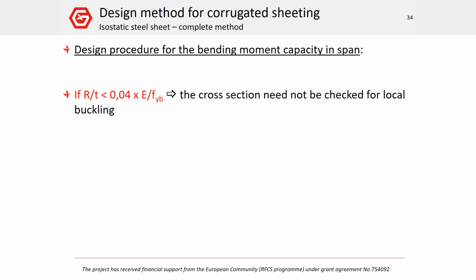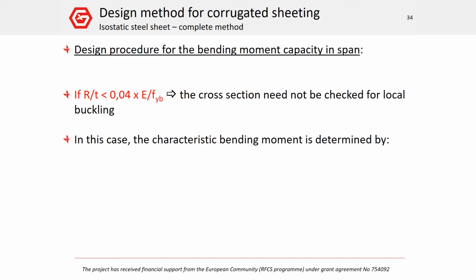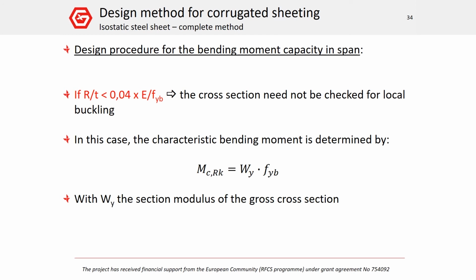If this r/t ratio is less than 4% of the ratio between Young modulus and yield stress of the steel, then the local buckling of the cross-section doesn't need to be checked. In this case, the characteristic bending moment is simply calculated by the following relation, considering the section modulus of the gross section.